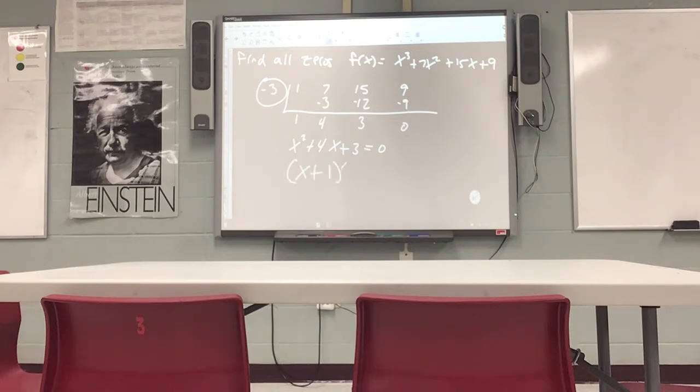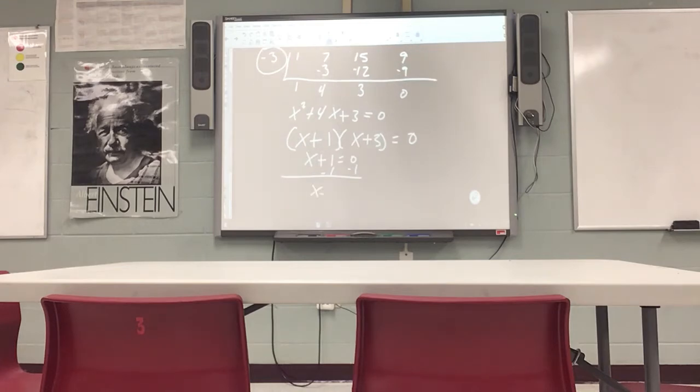X plus 1, x plus 3. Set both of those equal to 0 and solve. And isn't that exactly what we guessed by looking at the graph? Alright, so we got x is -3, -3, and -1.